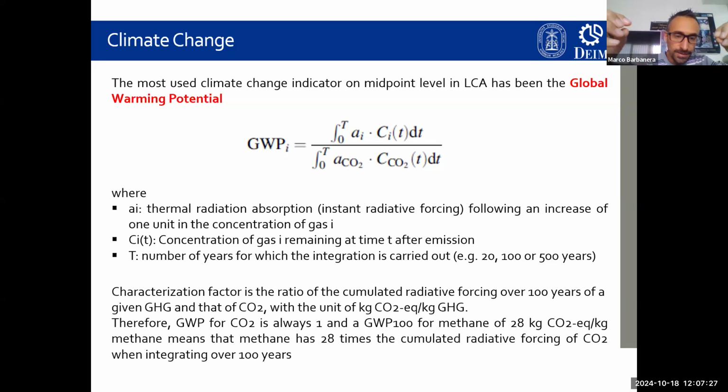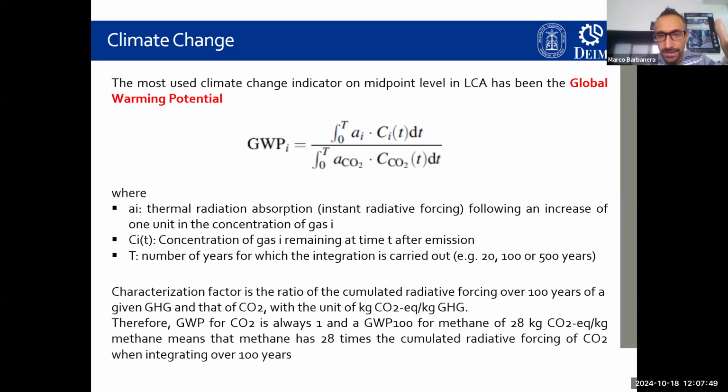Starting from these considerations and from the definition of the global warming potential, we can say that for climate change the typical unit is kilograms of CO2 equivalent.